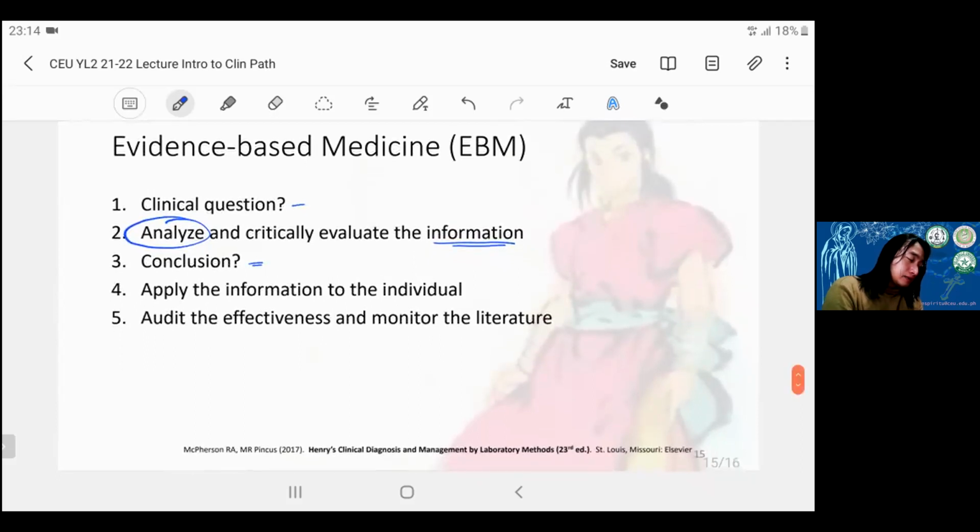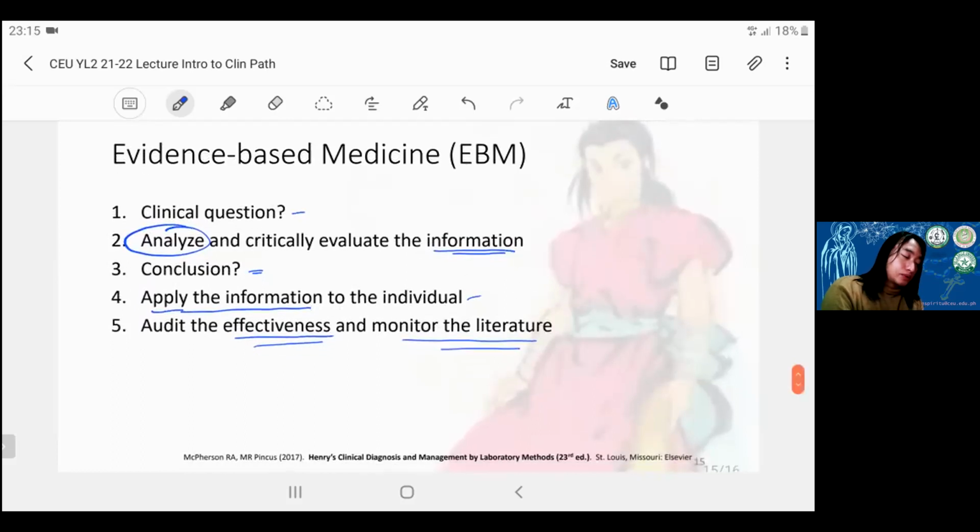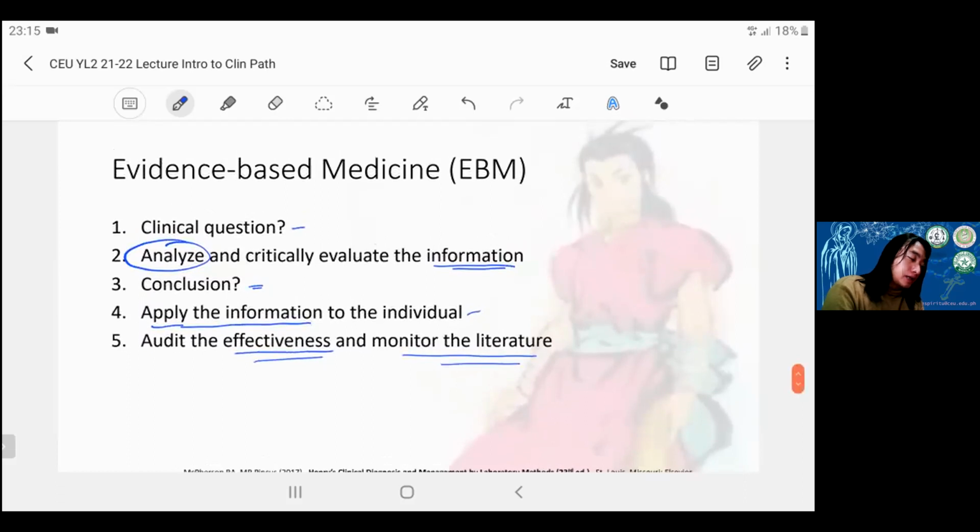And can you apply this information to the individual patient? And then once you apply this, you need to determine the effectiveness of the intervention that you gave and monitor other studies that would support this treatment or intervention or diagnostic test.